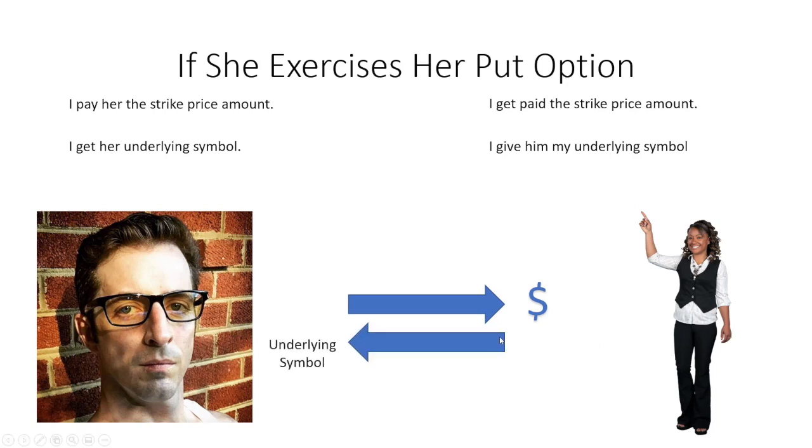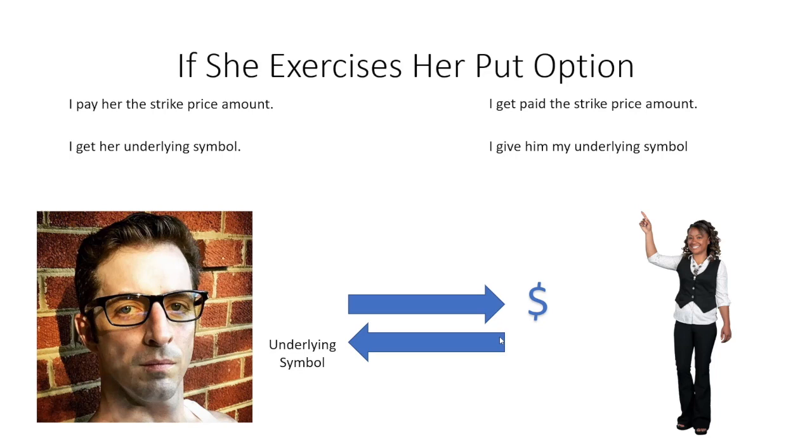If I'm under this obligation, I need to either somehow have the cash. That's called a cash covered put. And that could be a lot of cash that I need to have so that I could buy at that strike price.